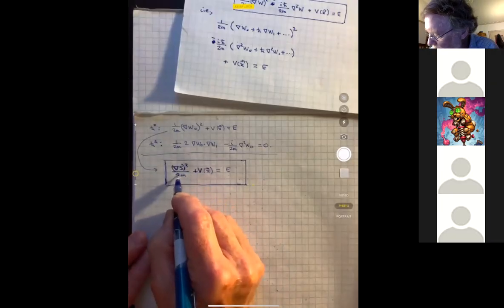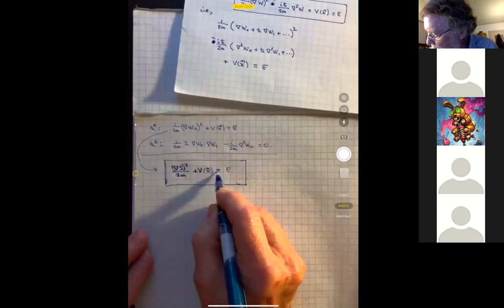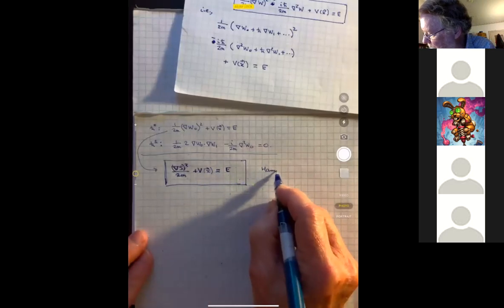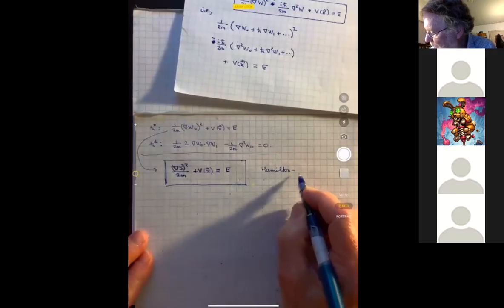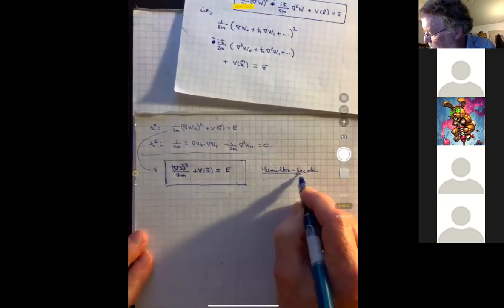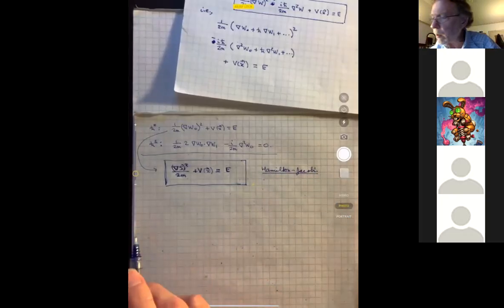And this equation is actually well known. It's been known since the 1840s. As a matter of fact, it's called the Hamilton-Jacobi equation. There's a lot of history I could tell you about, but basically Jacobi improved on a method of Hamilton.